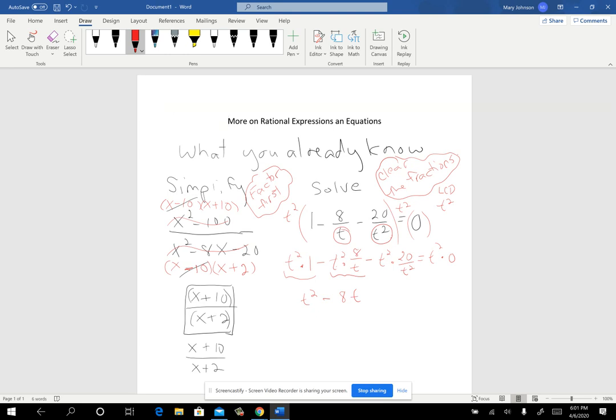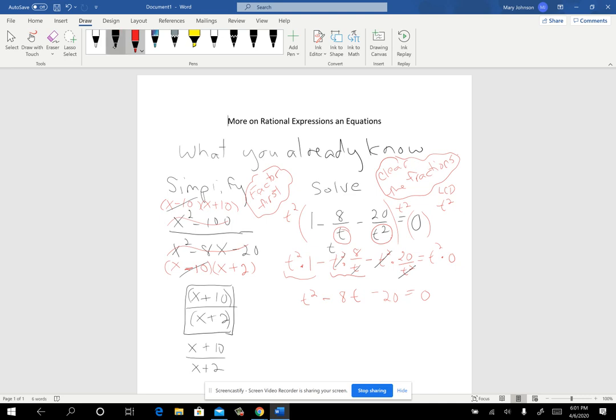And then on this previous one, you could knock that out and there'd be 1t left there. But here, the t squareds would cancel out and you'd have just minus 20. And then t squared times 0 is 0. So what you did is you cleared the fractions.